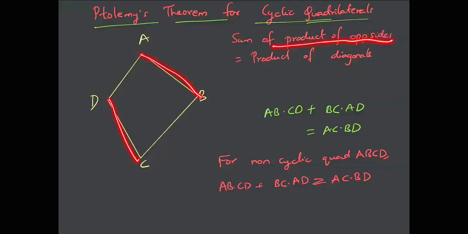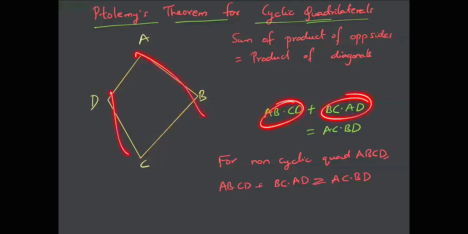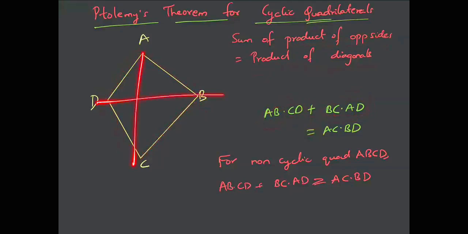AB times CD, this is a product of opposite sides, and DA times BC, this is a product of opposite sides. The sum of this, that is AB times CD plus BC times AD, is equal to the product of diagonals, that is AC into BD.